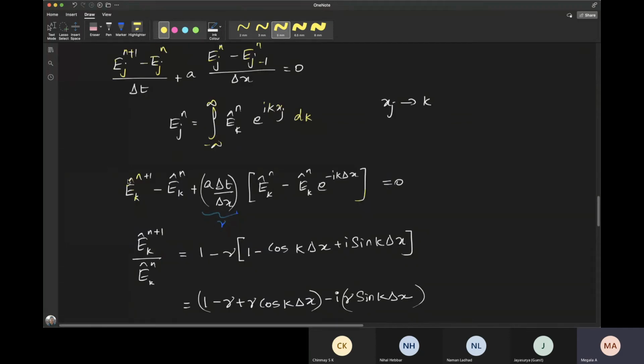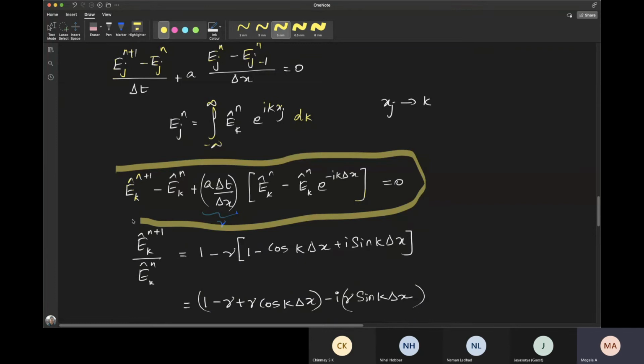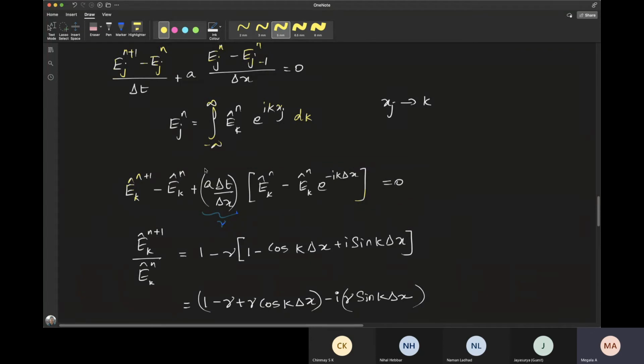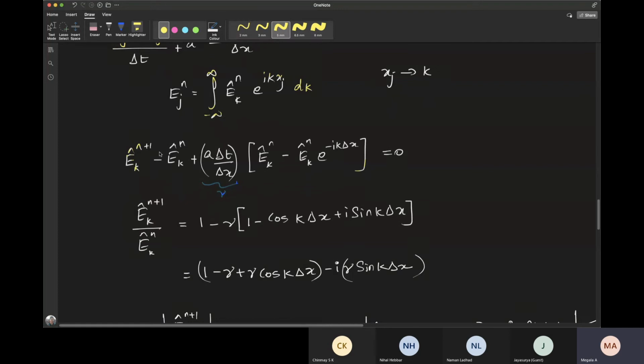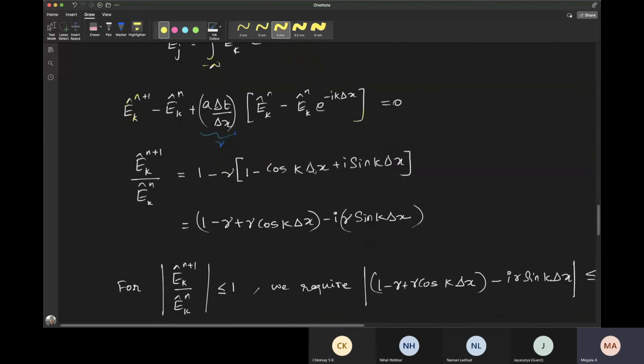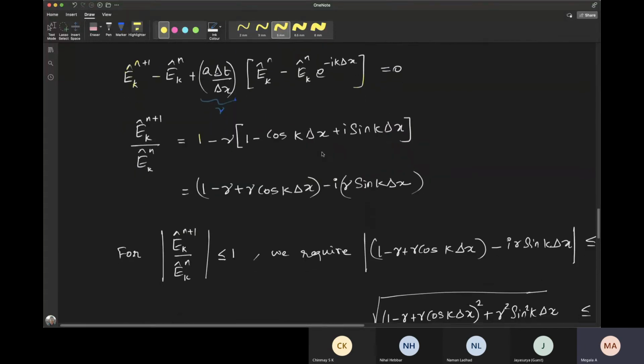So we are getting such an expression in terms of e_k cap at different time steps n and n plus 1. Now let's divide this equation by e_k cap at n to get the amplitude ratio. So we have something like this. We have a real part and an imaginary part.